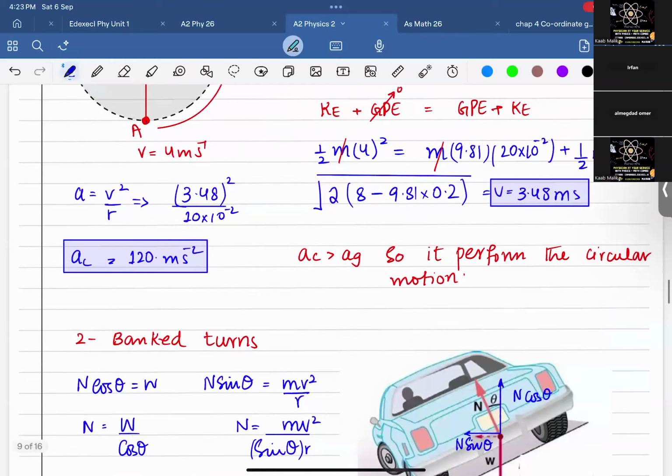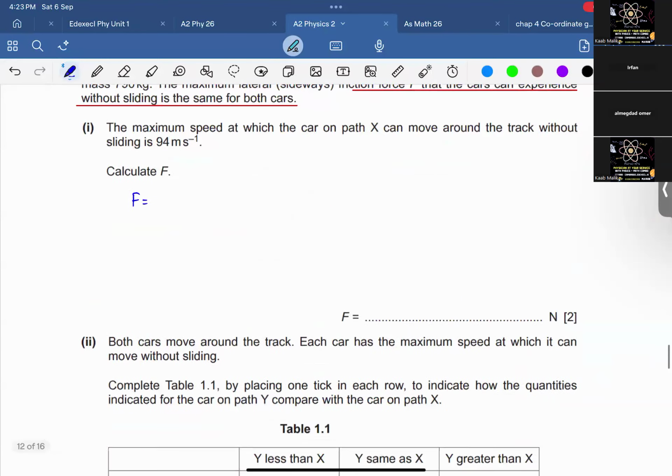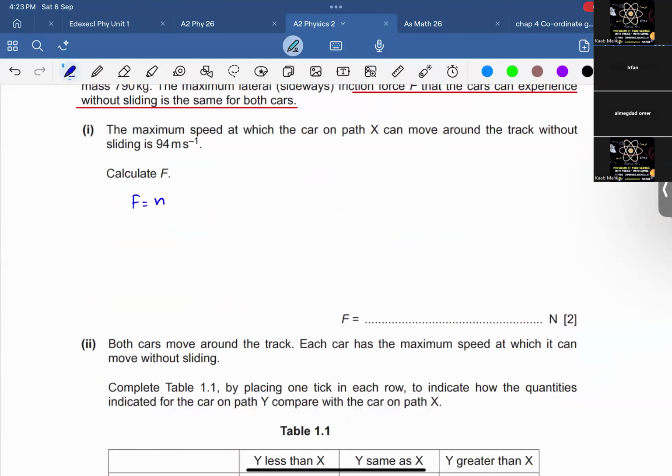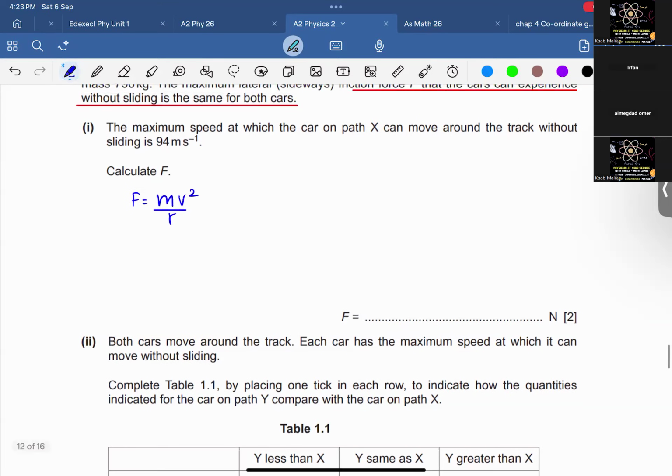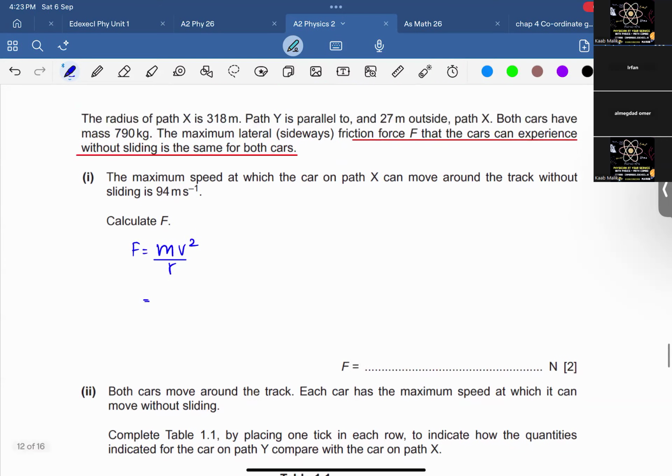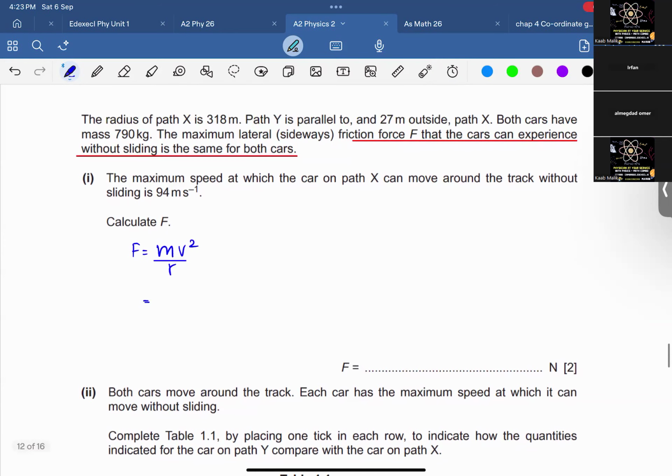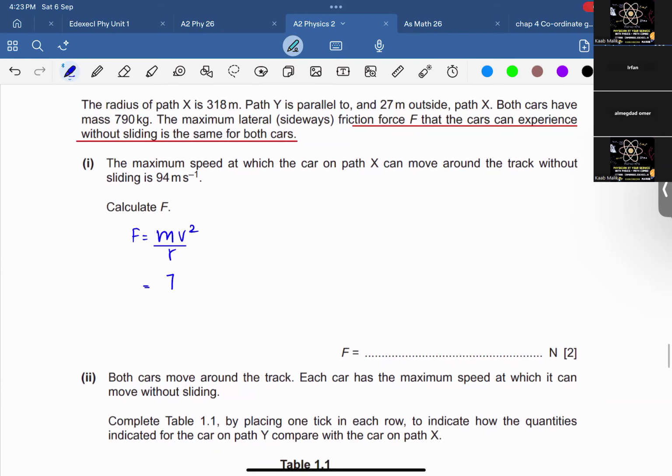You can just use F equals mv square over r. The mass is given, both cars having the same mass, 790.